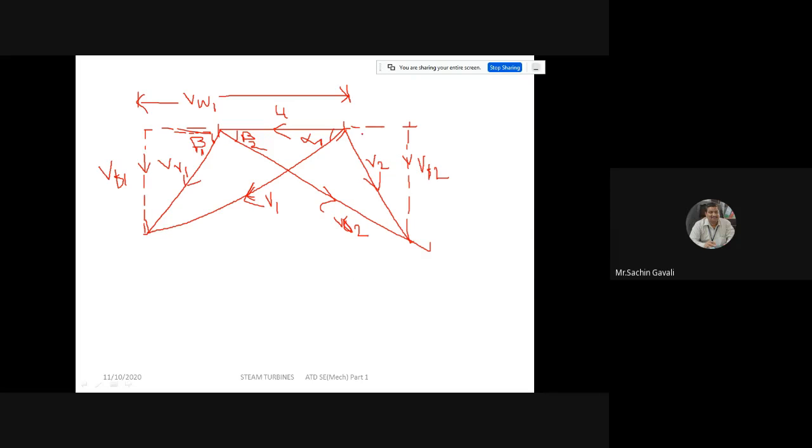This is V2, this is VF2, and the horizontal component of V2 will be this.